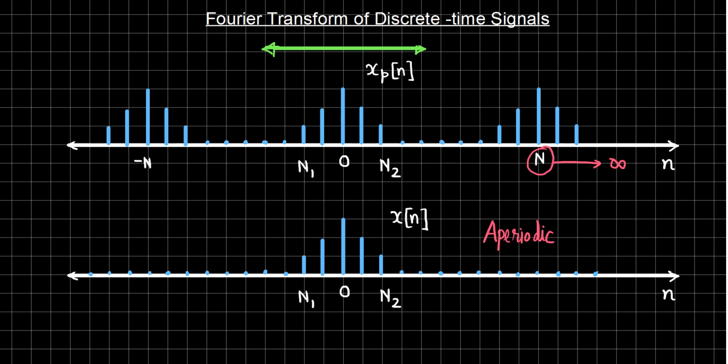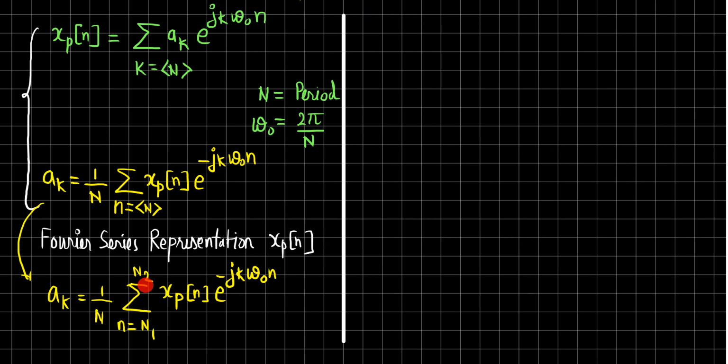So what I mean to say is that this signal here is exactly equal to this x of n over a period. So if I'm choosing a signal here, the summation is over a period from n1 to n2, and this x_p of n is exactly equal to x of n.